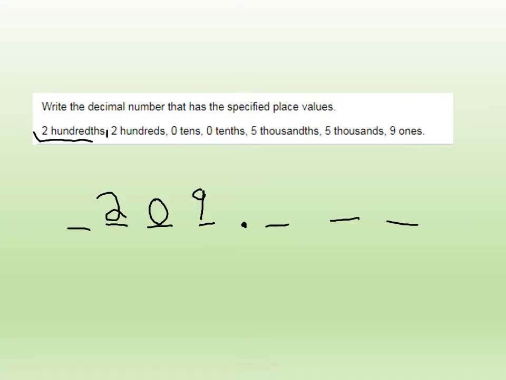So tenth, hundredth. So here's where that 2 would go, right? 200ths, that's where she put that one there. 1, 10, 100. 0 tenths, that's why there's a 0 there. 0 tenths, so that means that there's a 0 in the tenths place. 5,000 right there. And 9 ones.